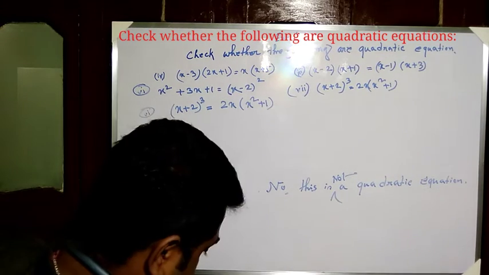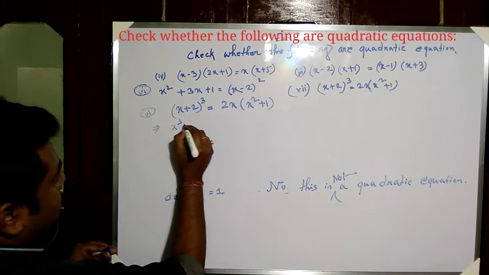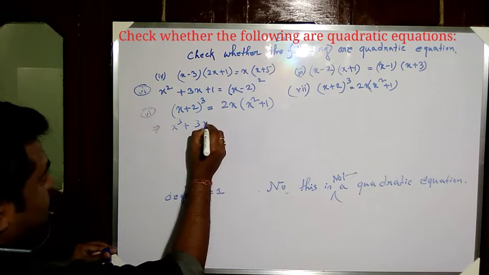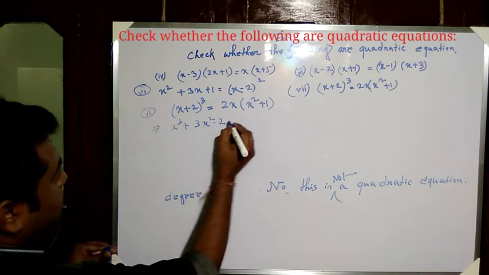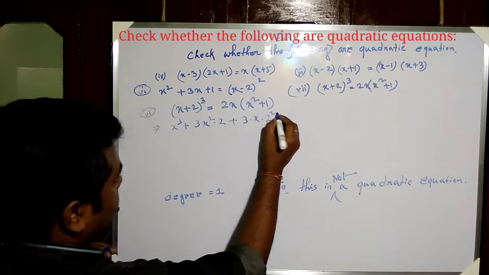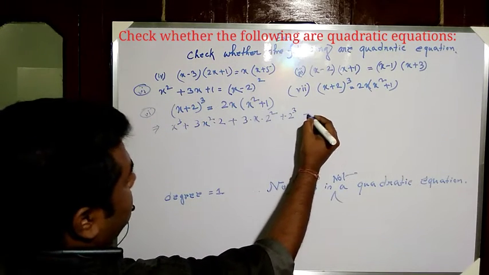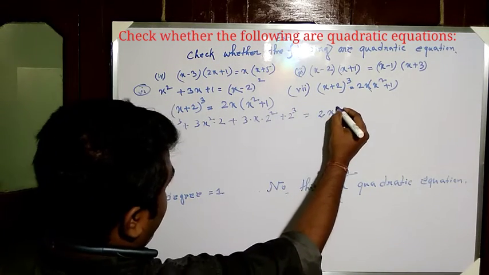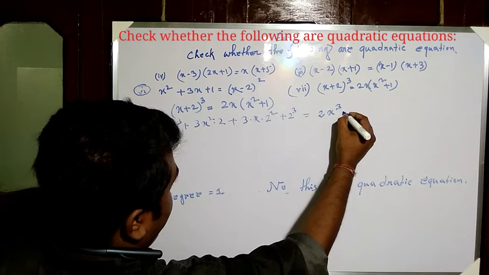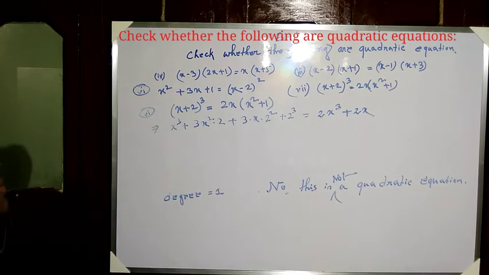It means x cube plus 3x square into 2 plus 3 into x into 2 square plus 2 cube equals to 2x cube plus 2x.